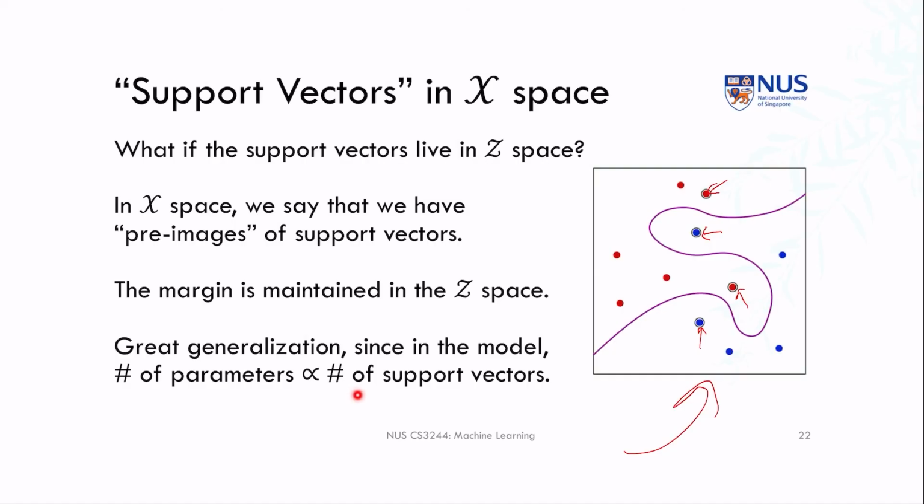So the margin is then again, maintained only in the Z space and not in the X space. And this means, again, great things because we can handle a nonlinear boundary, even in the case of using very little data. Again, just the number of support vectors characterize the complexity of this particular linear classification solution.